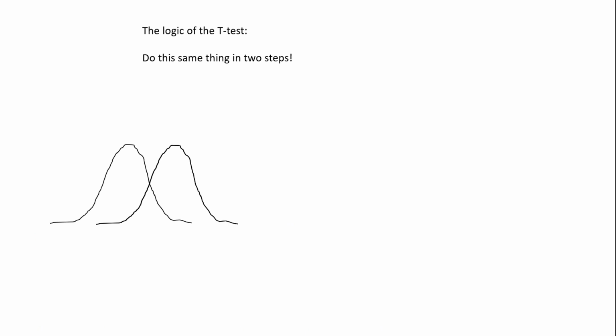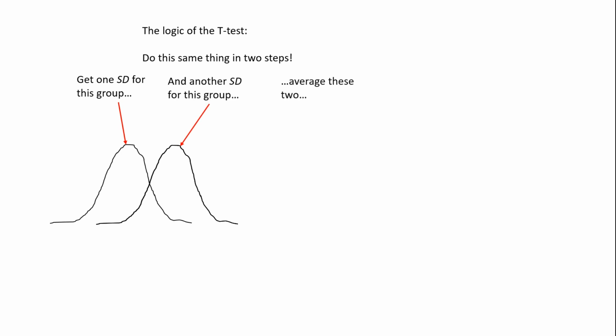Well, now that we understand the standard deviation formula, several more things start to come naturally. Like a t-test is just calculating a standard deviation, but we do it in 2 steps. We separate all our subjects into their 2 groups, and then we get one standard deviation within one group, another standard deviation within the second group, and one way of doing it is we'll take an average of those 2 standard deviations.